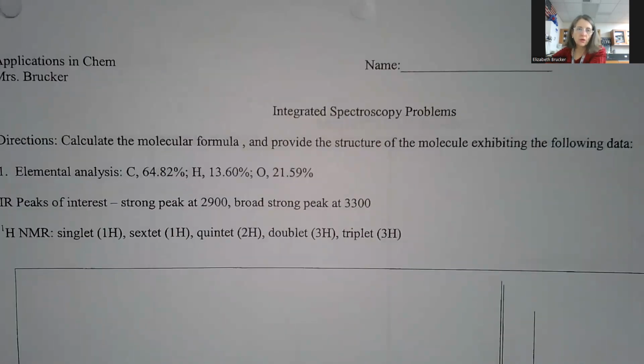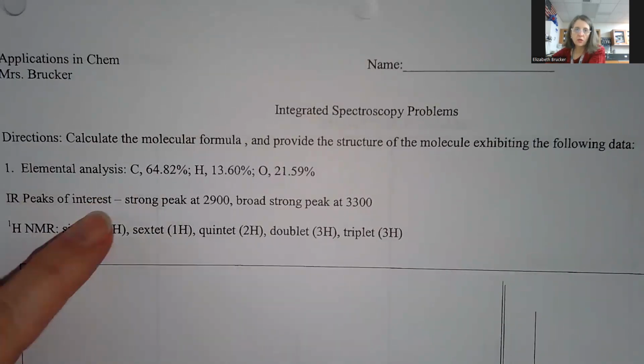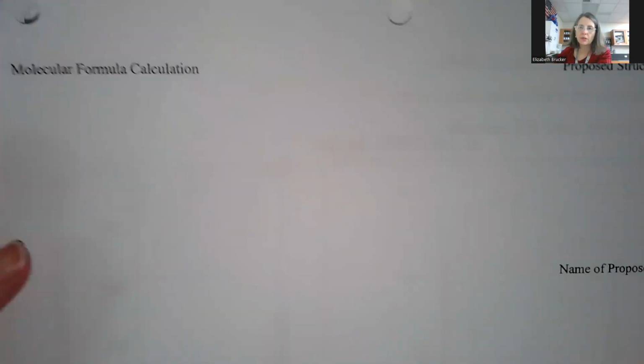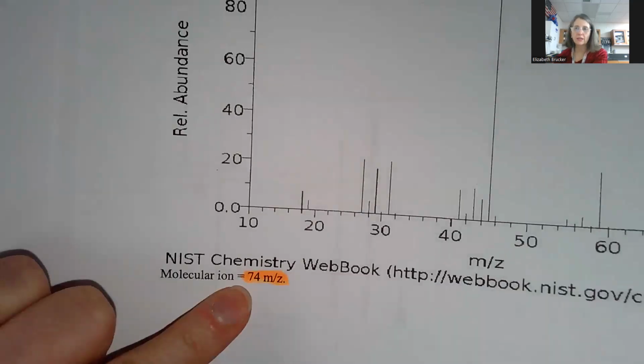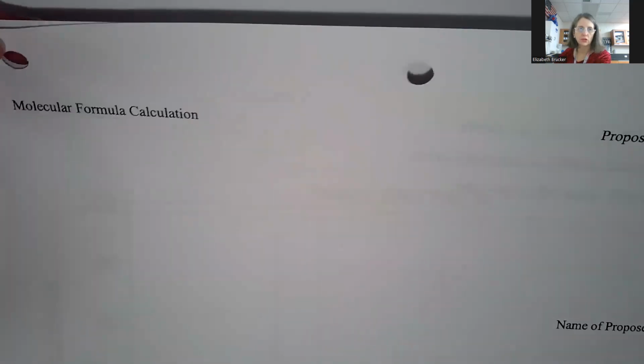So I'm going to start with the percentages. Again, I could go back to the first way we did it, which is converting to grams, dividing by molar mass, and then figuring out the empirical formula. Or because I was given the 74, I could do it this way. So that's what I'm going to show you.